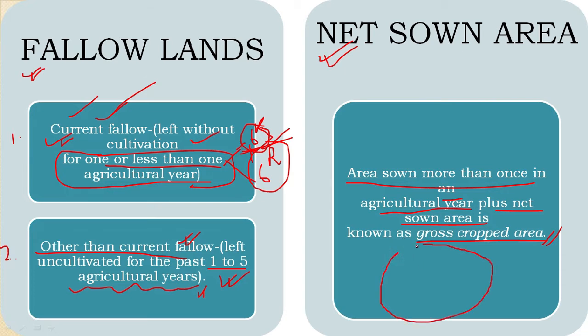Now if we have a land like this and only a patch of land is being cropped, the land on which the crops are being sown, this one is known as the net sown area. Now you can also see this as the total area which is sown with crops.